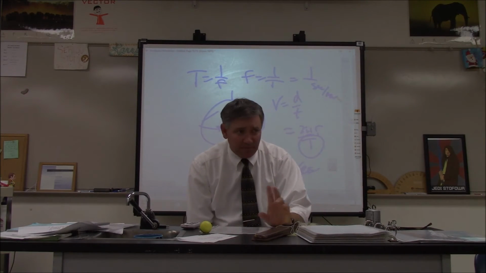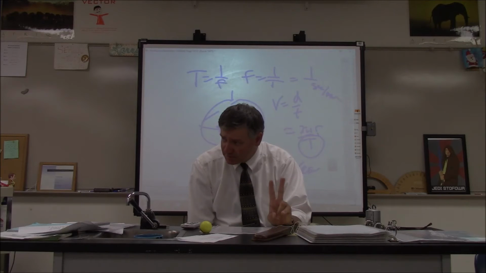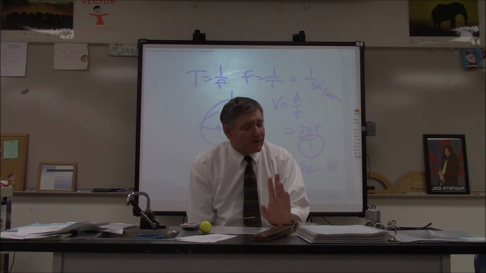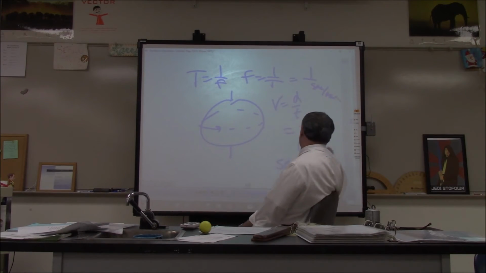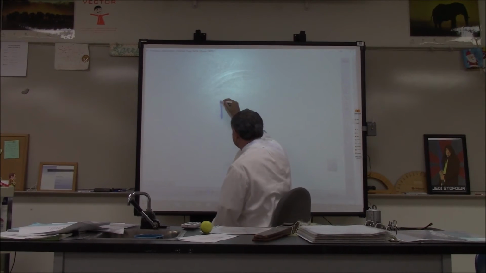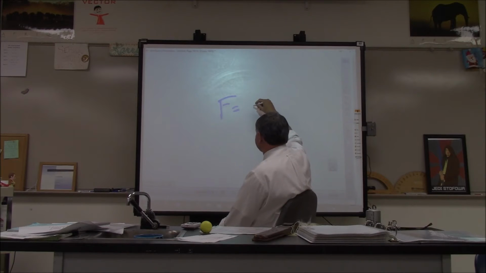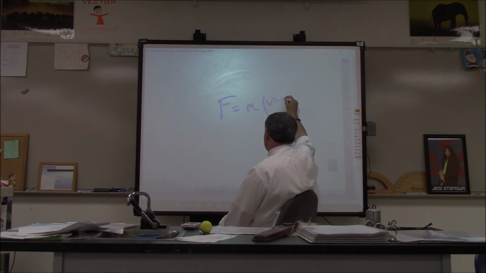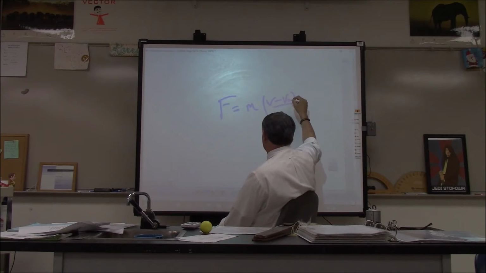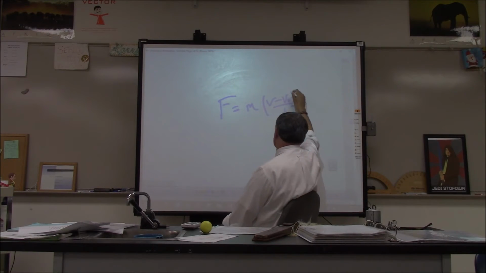Dimensional analysis, I promise you, you're going to have to do probably two dimensional analysis problems. So here's what I might do. I might give you something like this: F equals mass times V minus V naught over distance. Okay?